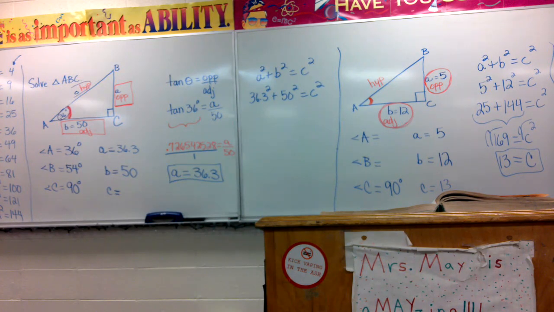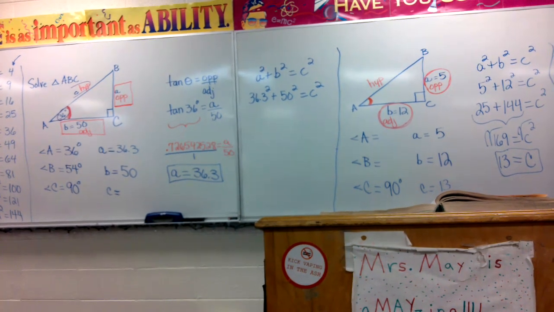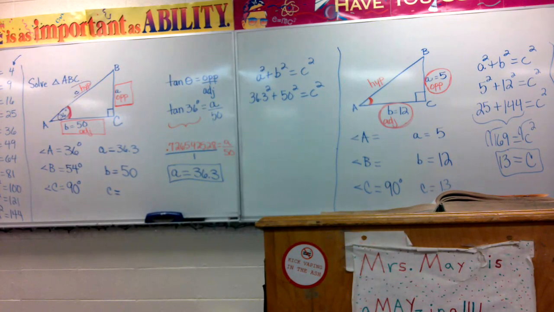Do it on your calculator. Calculator's broke. What do you get? 6, 6, 6, 6. How many of those should I put? As many as possible. Darius says as many as possible.